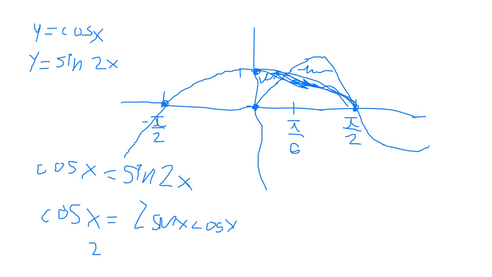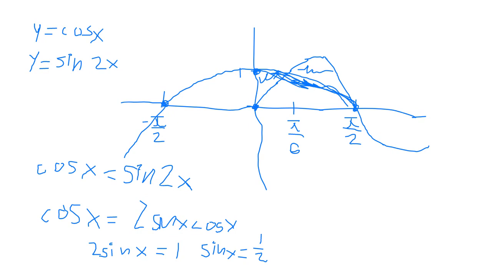You get 2 sine of x equals 1. So sine of x equals half, and we know that sine of pi over 6 is half.